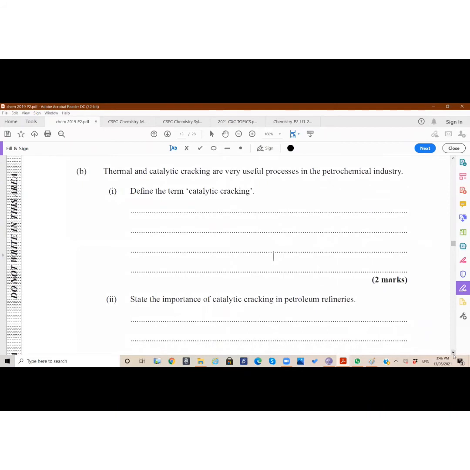Part B, thermal and catalytic cracking are very useful processes in the petrochemical industry. So part 1, define the term catalytic cracking. Tyler, let me hear you.